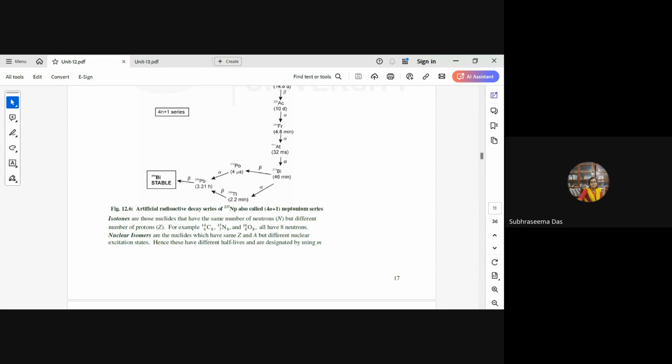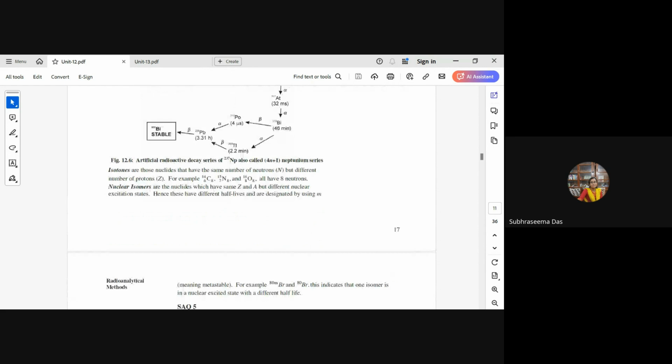We also have nuclear isomers. These nuclides have the same Z and A, but they have different nuclear excitation states, and they are designated using a small m, since their metastable state is different.